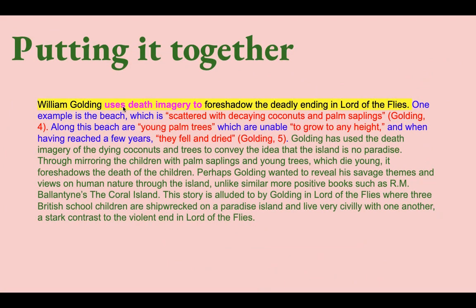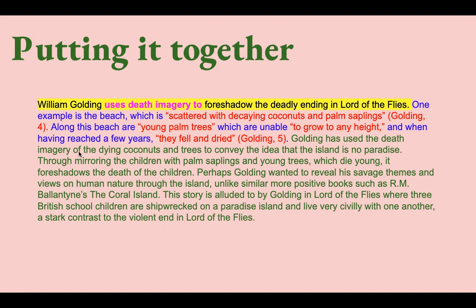William Golding uses death imagery to foreshadow the deadly ending in Lord of the Flies. One example is the beach, which is scattered with decaying coconuts and palm saplings. Along this beach are young palm trees which are unable to grow at any height, and when having reached a few years, they fell and dried.